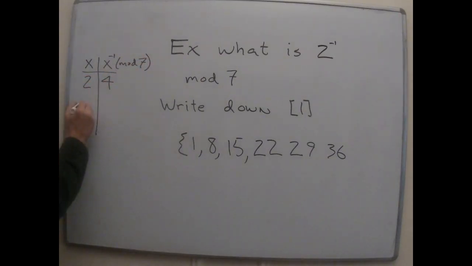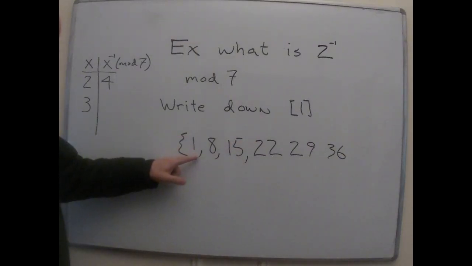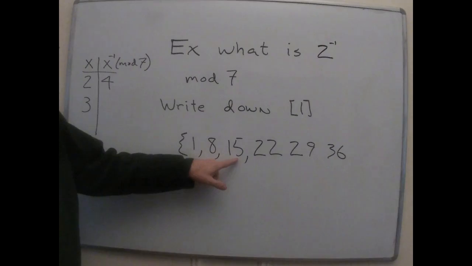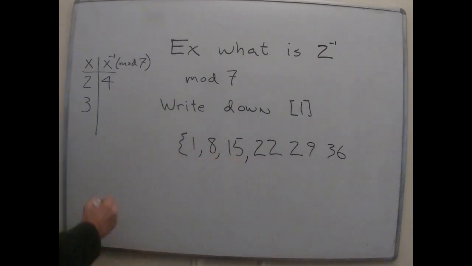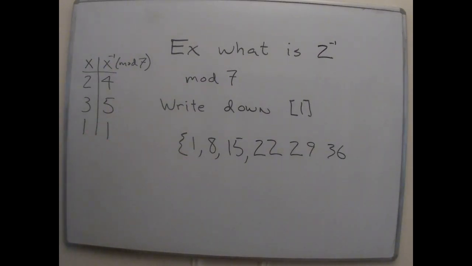I guess the next thing I should do is figure out what 3's inverse is. Really easy to do with this list in mind. You just go down the list and look for something that's divisible by 3, and the other factor is the inverse. What's the inverse of 1? Oh, well, that's silly. 1 times 1 is 1. 1's inverse is always itself.